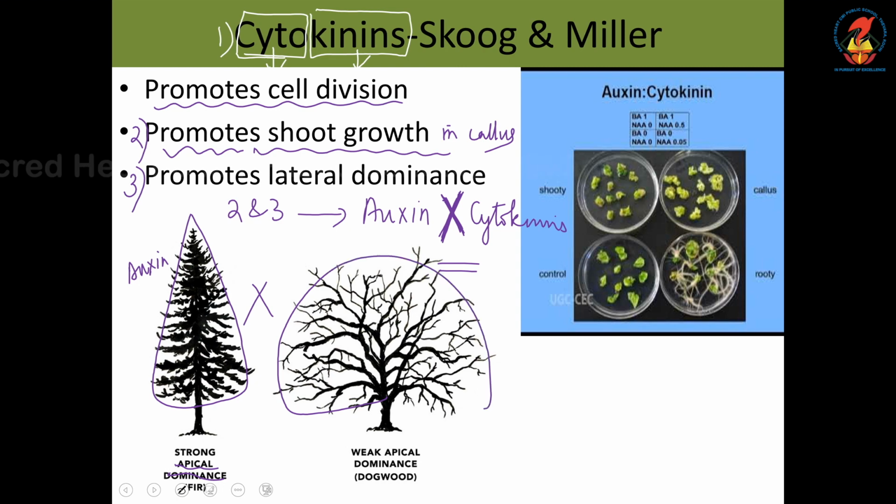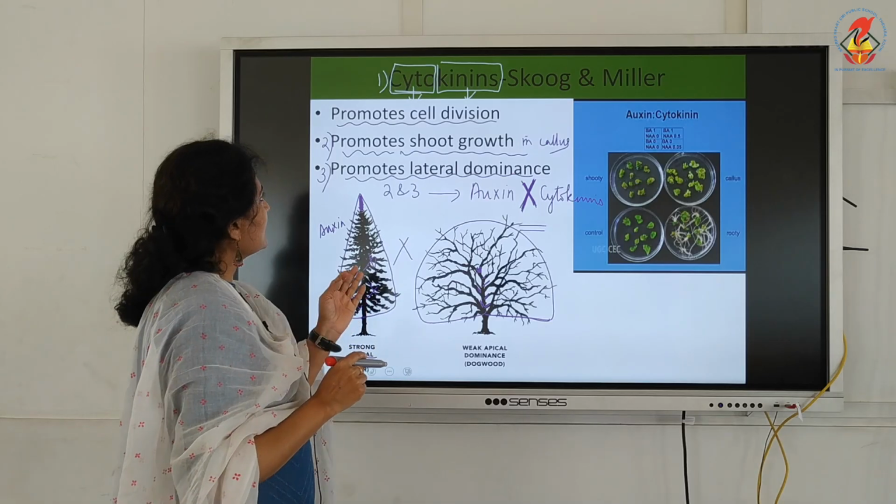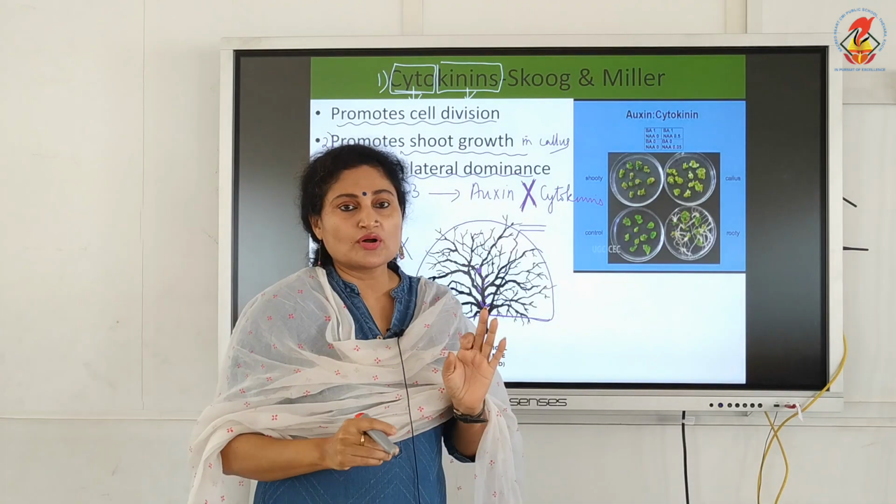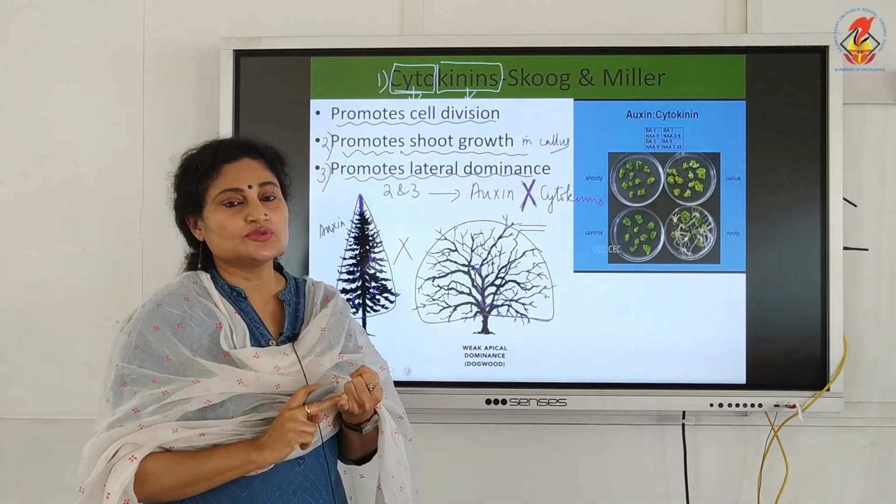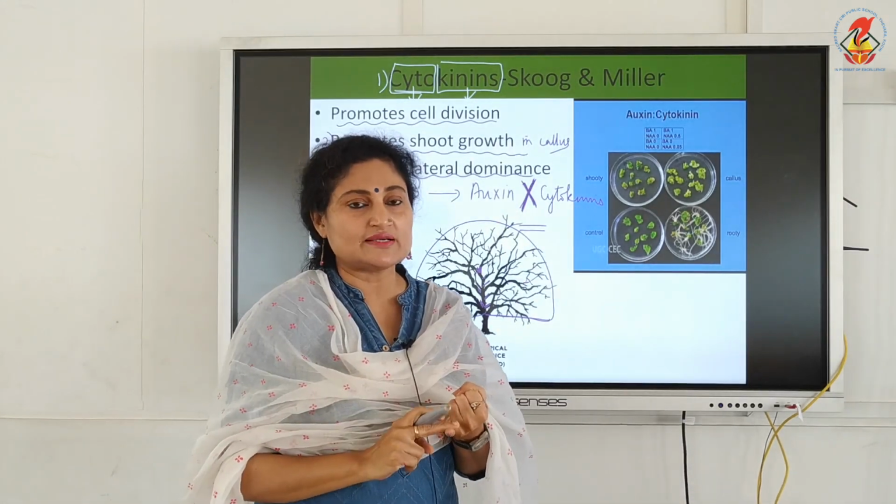So look at the canopy of the tree, it's like an umbrella because the lateral bud is more dominating and suppresses the activity of the apical bud, whereas here the apical bud is dominating and suppresses the activity of the lateral bud. So this lateral dominance is promoted by cytokinins. So once again, the three important functions of cytokinins: one you will get from the name by splitting the name.